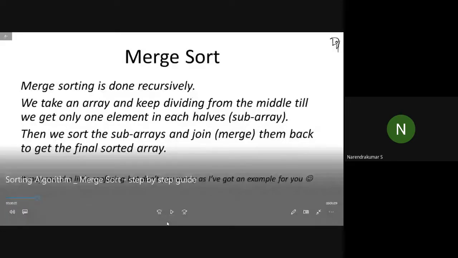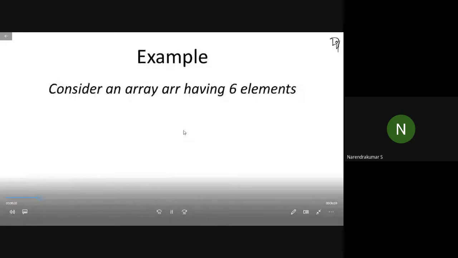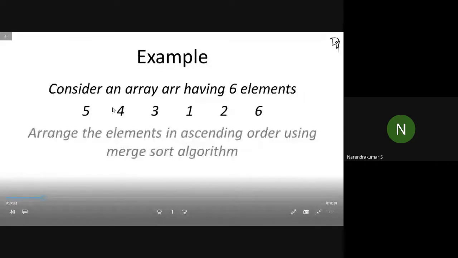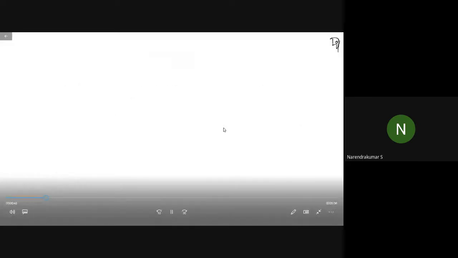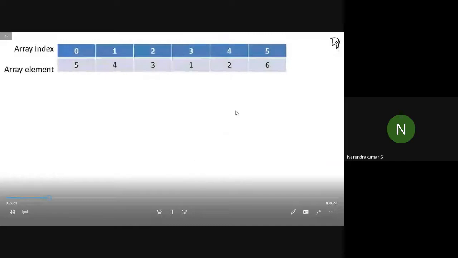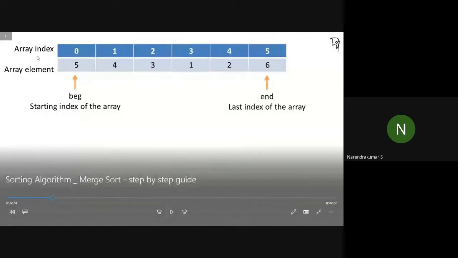So let's go for an example, wherein we can easily understand merge sort. Consider an array having 6 elements in it: 5, 4, 3, 1, 2, 6. We need to arrange the elements in ascending order using merge sort. This is the array with values 5, 4, 3, 1, 2, 6, and the indexes are 0, 1, 2, 3, 4, 5.